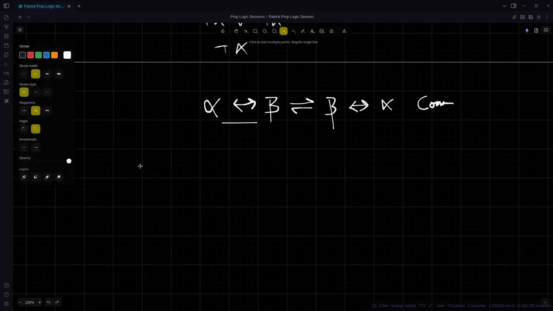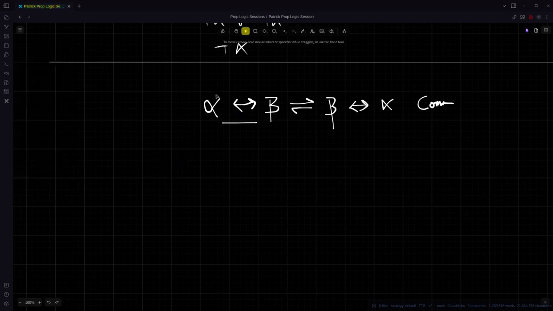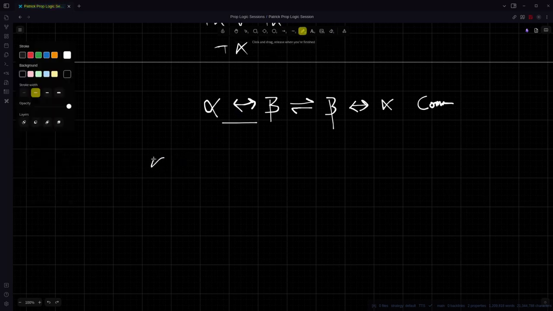So we know that alpha double implies beta, or if and only if beta, whichever you want to refer to it as.